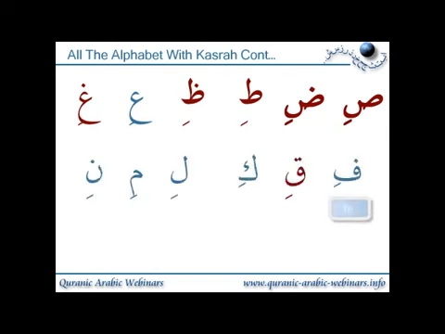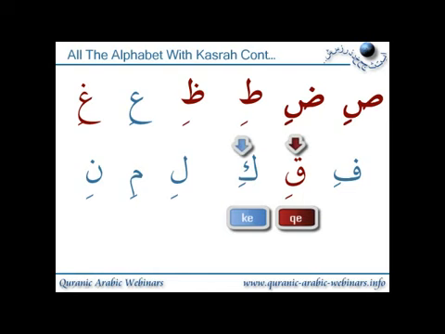Slightly heavy. Fi, Qi. Again with the qaf, block the throat and then release the sound. Qi, Qi, Ki. So this is a very light version of the qaf. So Ki. So these two need to be differentiated. Qi, Ki.